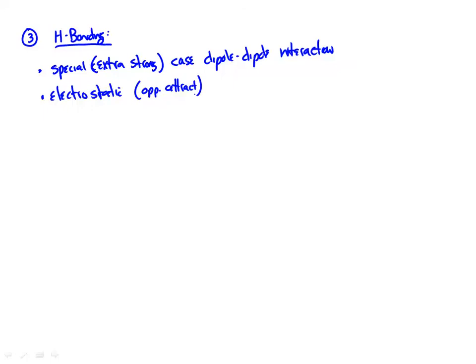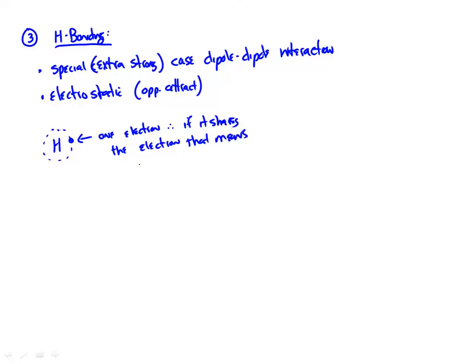And the reason it's special for hydrogen bonding, or for hydrogen in this case, is if we take a look at hydrogen, it has only one electron. Therefore, if it shares the electron, that means it has a very large dipole.